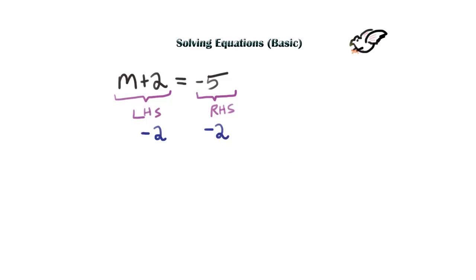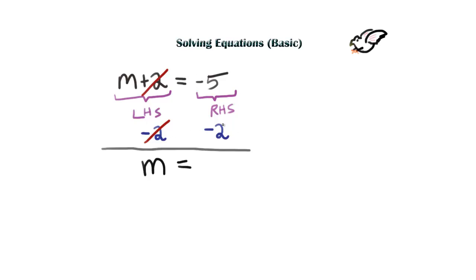So let me draw the line, there's that little line here to keep it nice and neat. So now our equation is m on the left hand side. The +2 and the -2 cancel, now they go to 0, so we're good.